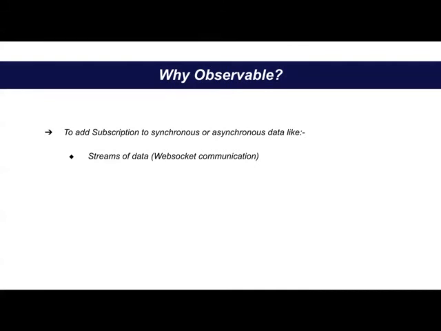Observables can hold multiple values at a time, and whenever there is a change, they can notify their subscribers. So when we have such continuous streams of data, observables are really helpful and an effective way to deal with such scenarios.